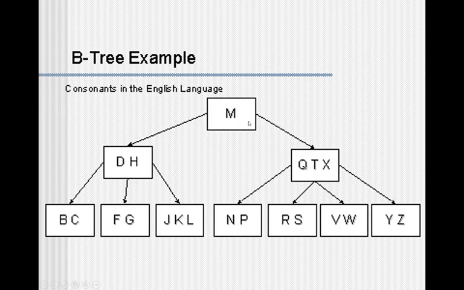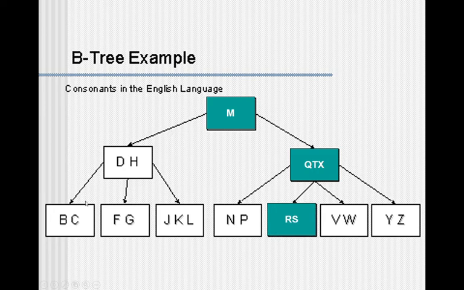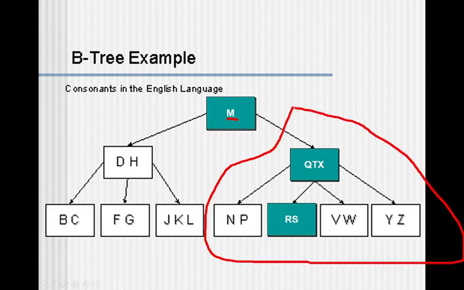Now here is an example of a B tree. Again, it is not constructed from scratch, but to give you a visual example of a B tree. If you see here, everything is in order. Now if you notice m, the values which are greater than m, like n, o, p, q, r, s, t, are on the right side of m.